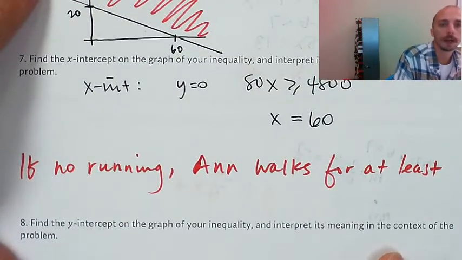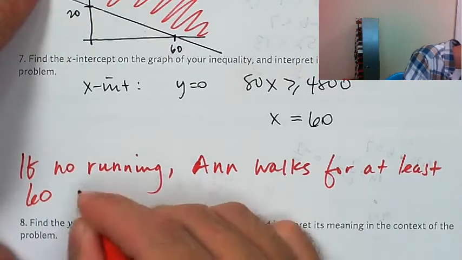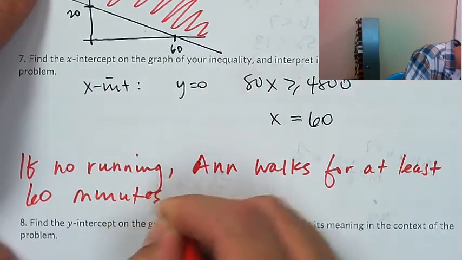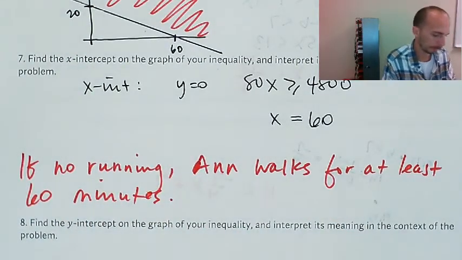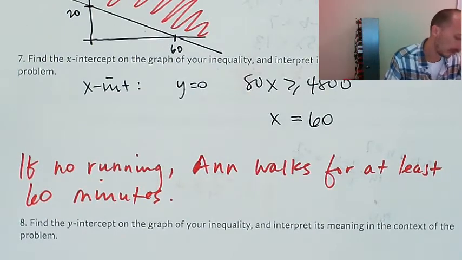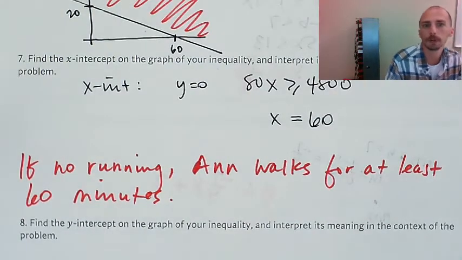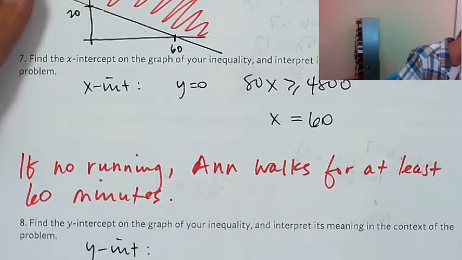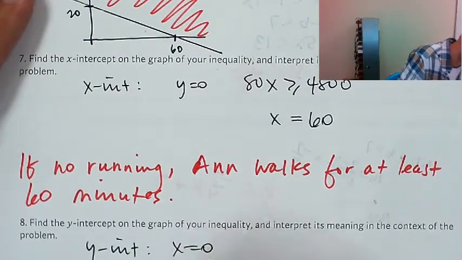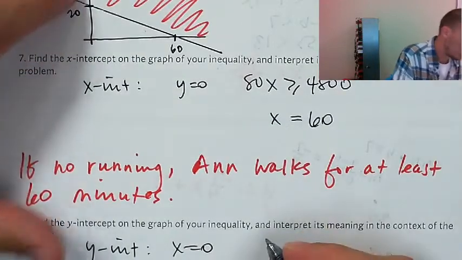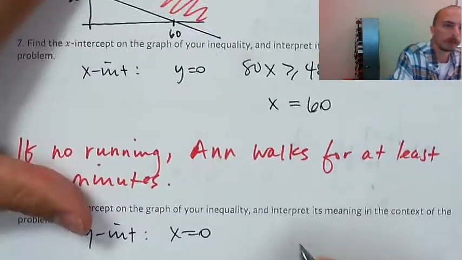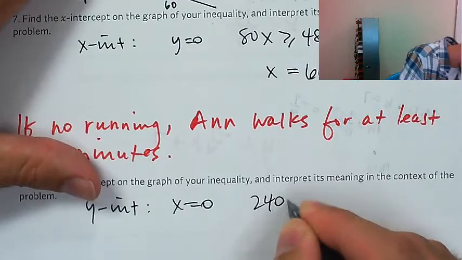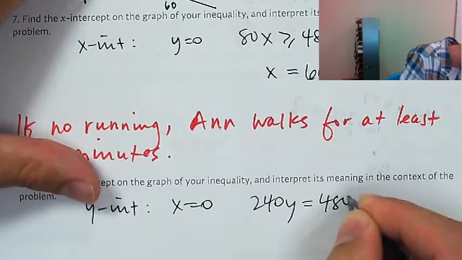If no running, Anne walks for at least 60 minutes. The key would be 60 minutes walking, no minutes running. And then for the y-intercept, we're going to do the exact same thing. That's going to be x equaling 0. That would be where 240y equals 4,800.